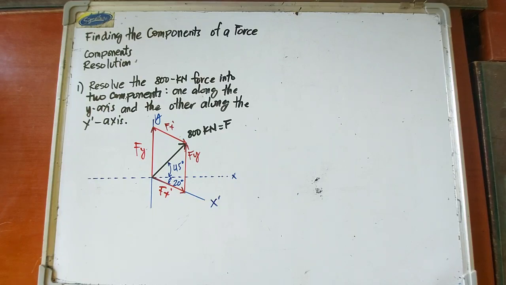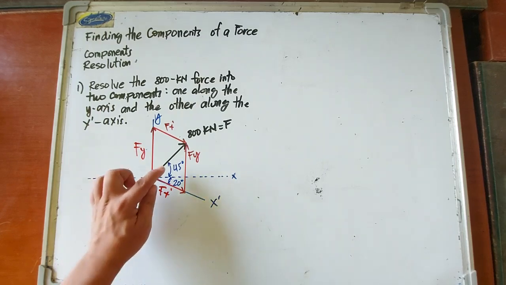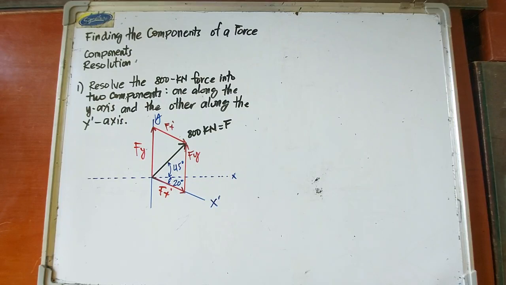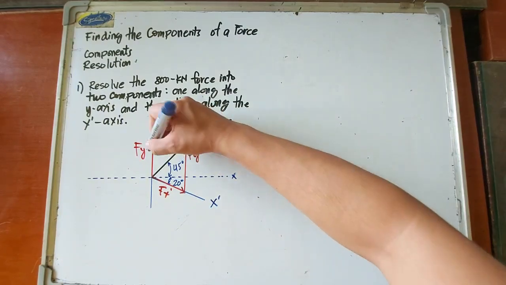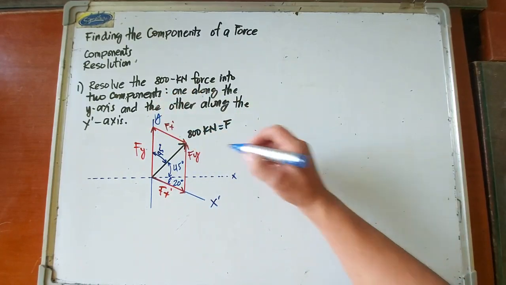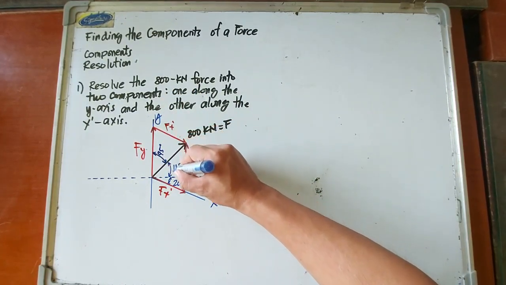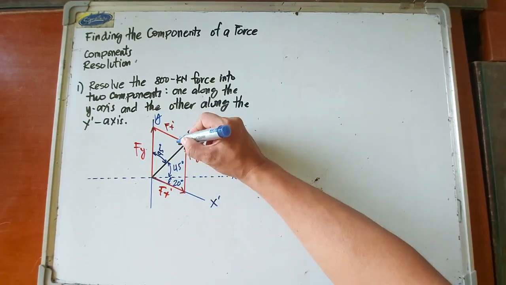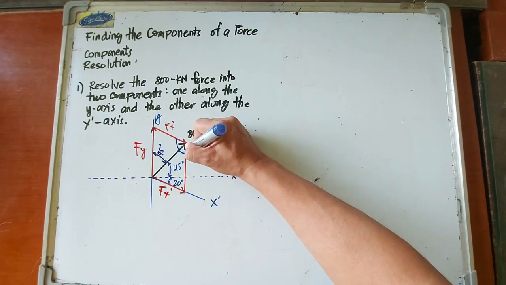Okay, so how do we solve for the other angles? So since these are two similar triangles, and this is a parallelogram, so pag na-extend tayo, this is 45 degrees, this is also 45 degrees, and this angle, itong angle na yan is also equal to this angle.